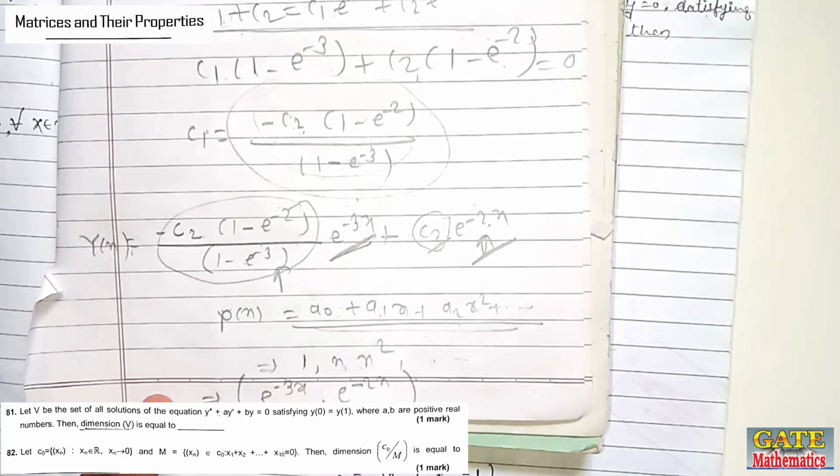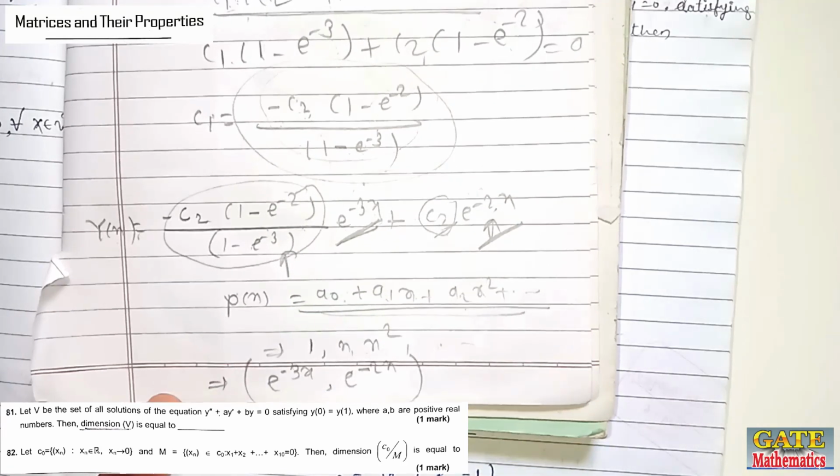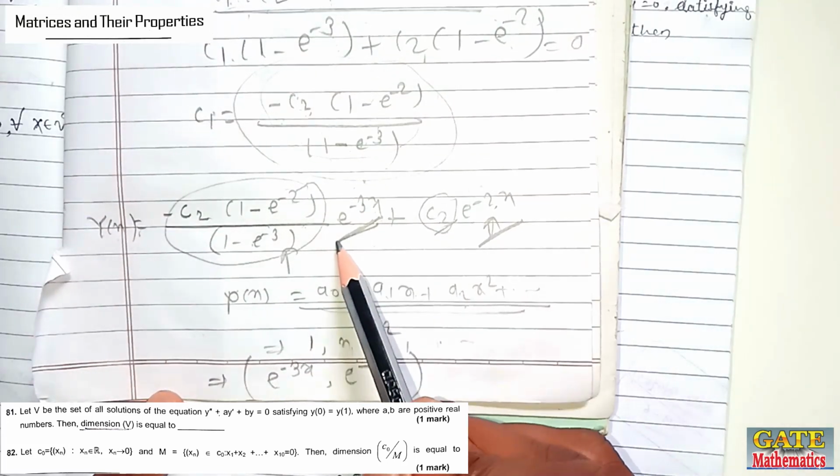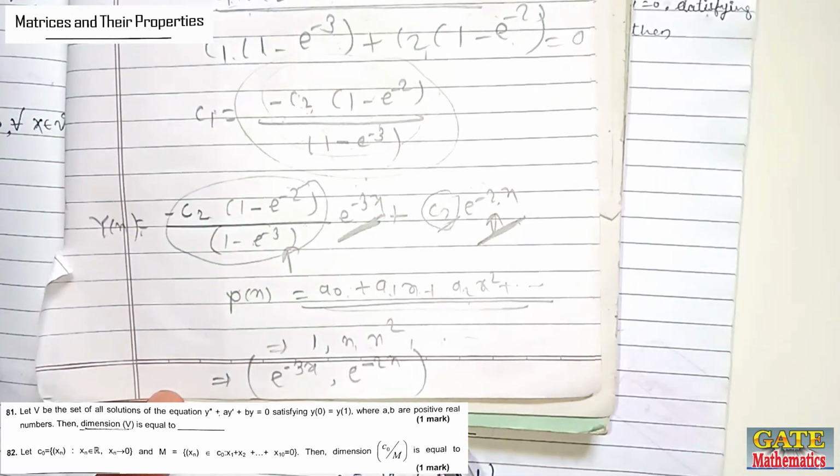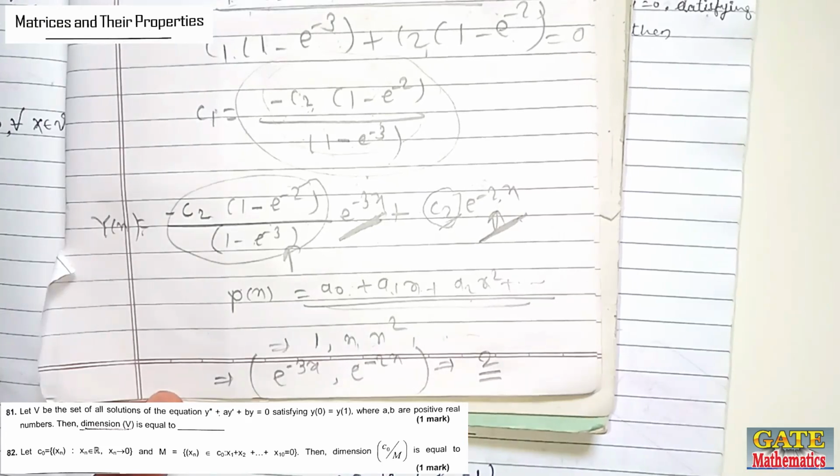The number of bases present in our solution is the dimension of our vector space. So how many bases are there? First basis and second basis, so the number of bases is 2.